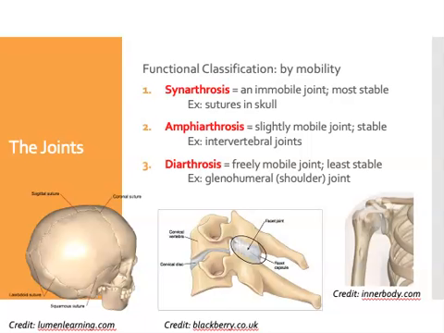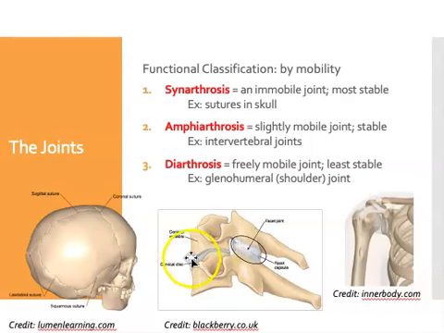The second type of mobility classification is amphiarthrosis. This is a slightly mobile joint. It's also quite stable because it doesn't move very much. A good example of an amphiarthrosis is an intervertebral joint. This image in the middle of the slide here shows two vertebrae and where they contact each other.